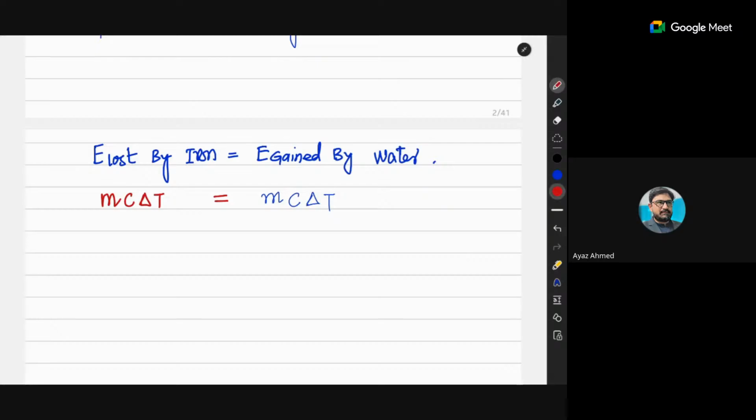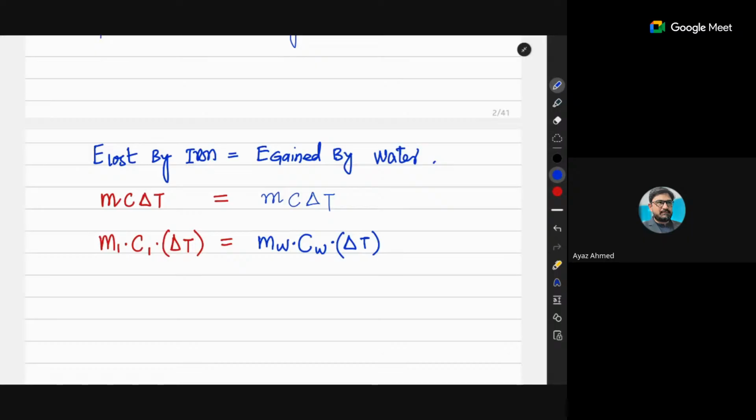So that is mass of iron times specific heat capacity of iron times change in temperature, equals mass of water times specific heat capacity of water times change in temperature.